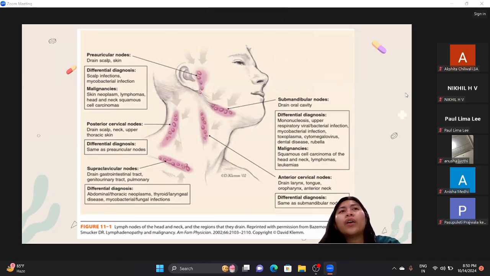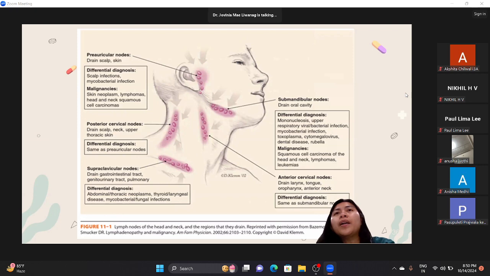So you can develop a differential diagnosis using that because maybe the patient has a scalp infection or tuberculosis or mycobacterial infection. For malignancy, they could have lymphoma or head and neck squamous cell carcinomas.